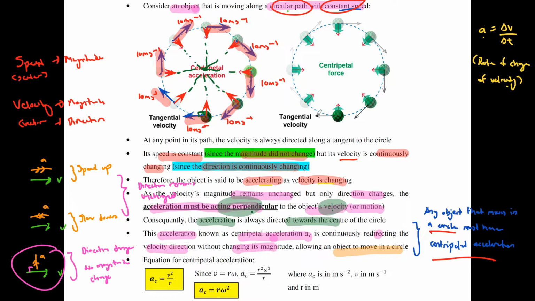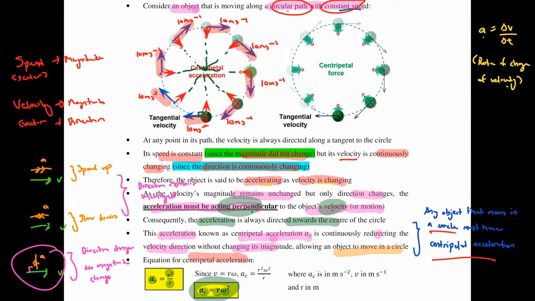Now, when it comes to calculating centripetal acceleration, there are two equations that you need to know. The first one is centripetal acceleration is your linear speed squared divided by the radius of your circle. The second one is centripetal acceleration is the radius of your circle multiplied by your angular velocity squared. So you need to know both of these equations. Now, how do you get the second equation?